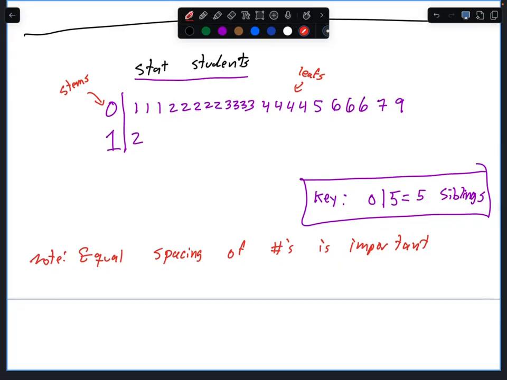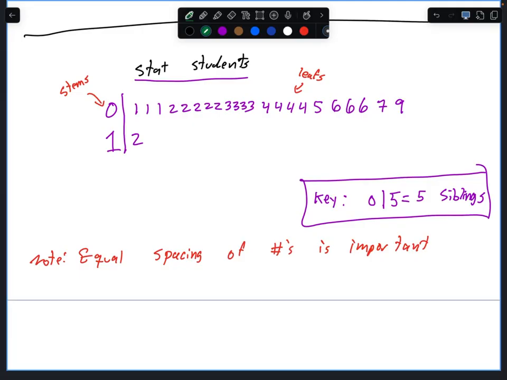Now, I want to note something as well. We refer to this as a bin, okay? This is the zeros bin. This is the ones bin. That's the tens bin, okay? These are bins.